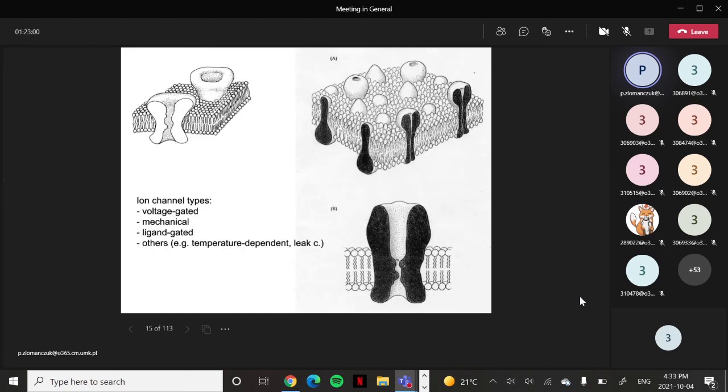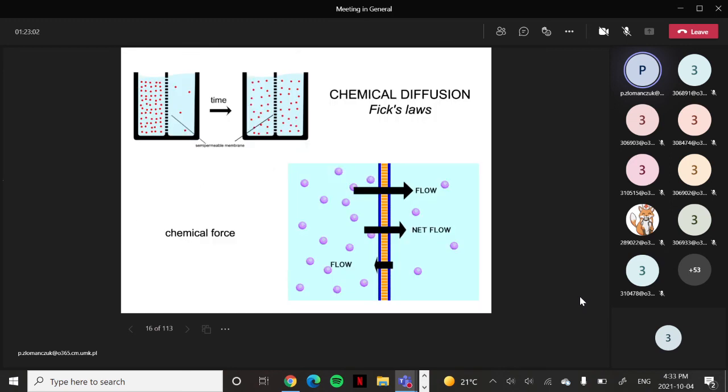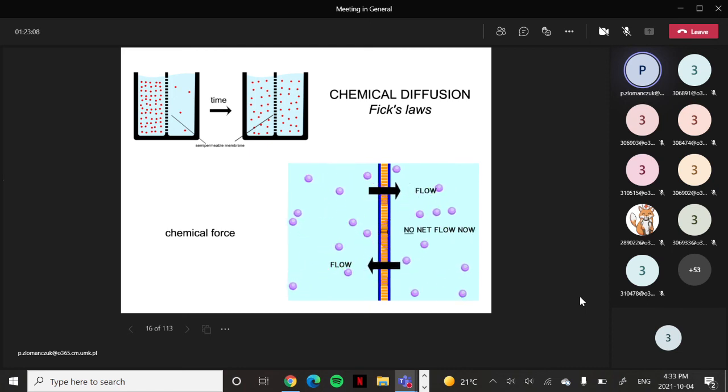We can answer this question, but first we have to think what forces will influence the movement of ions across the membrane when the membrane is permeable to those ions. Because ions have a somewhat double nature. On one hand, they are molecules, but also they are charges.